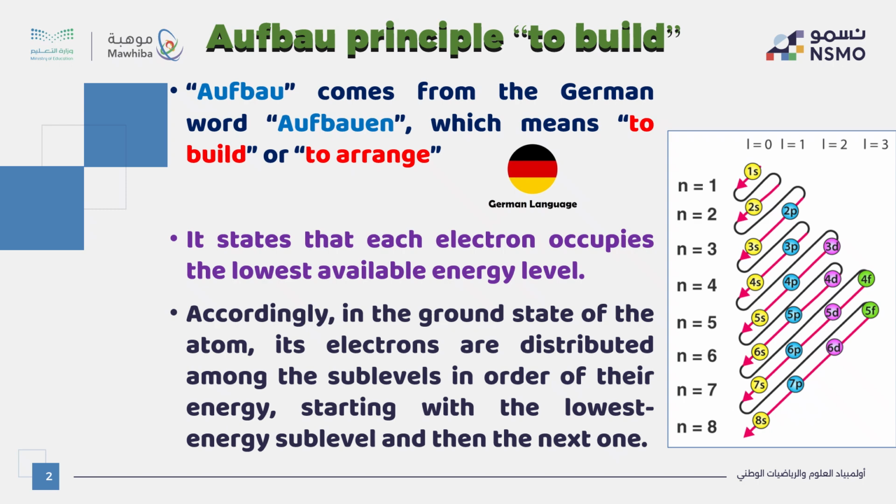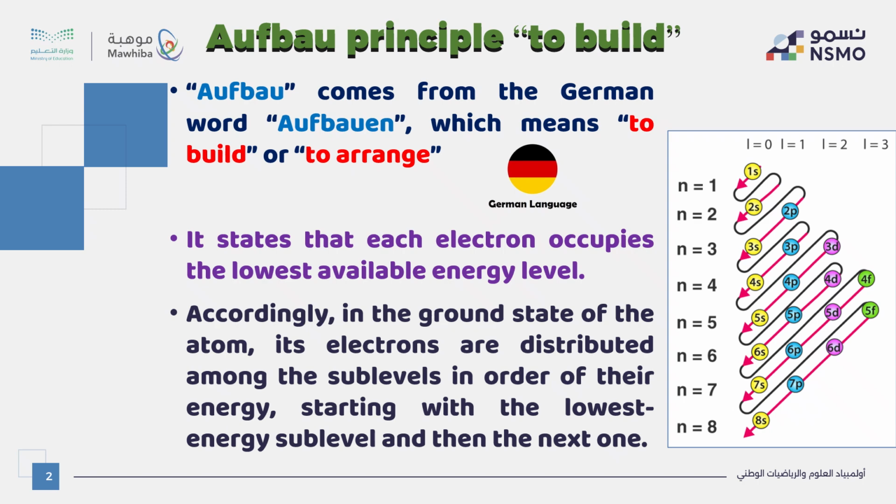Why are the arrows diagonal? The arrows show the actual order electrons follow when filling orbitals. Electrons always fill the lowest energy orbitals available, even if it belongs to the higher energy level. That is why we follow the arrows diagonally, not straight across.